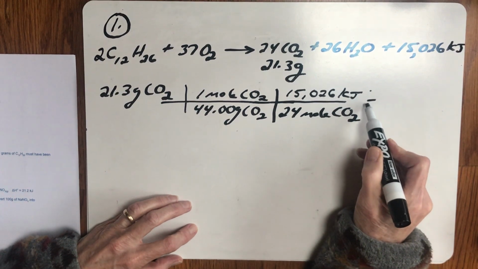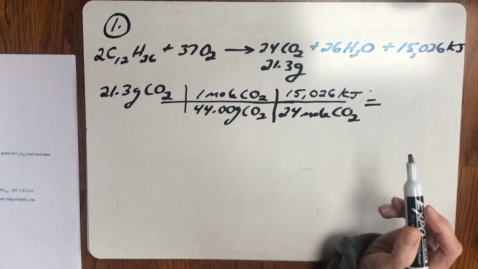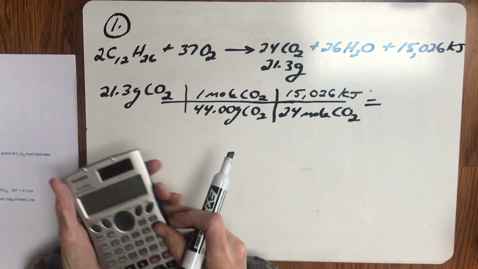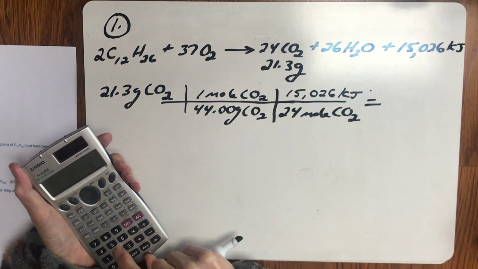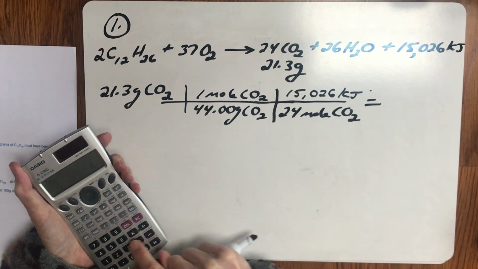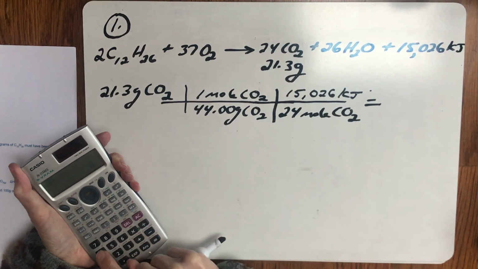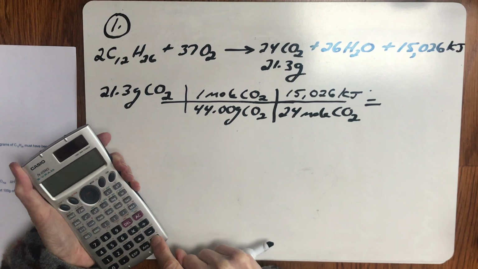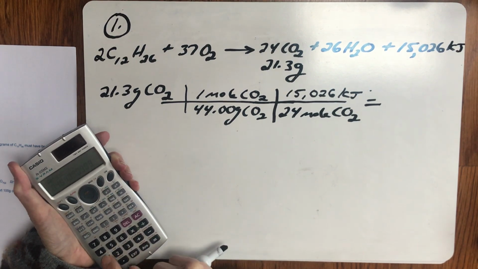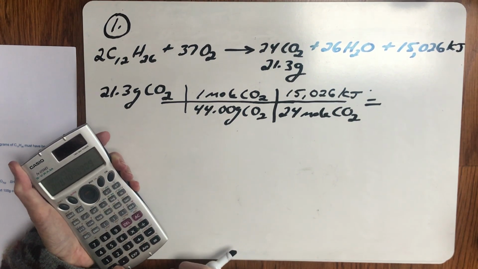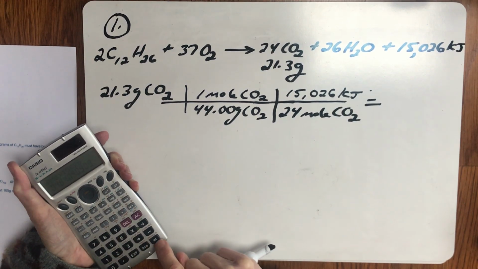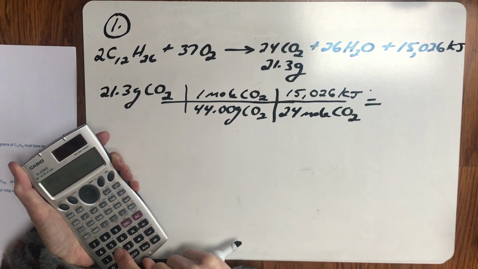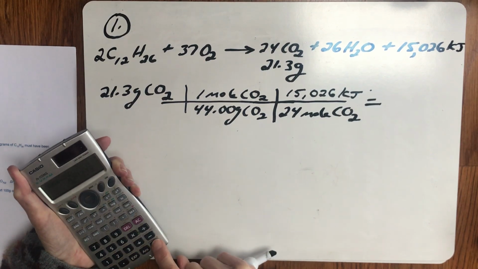Then we'll say equals, and now we'll plug the numbers into the calculator: 21.3 divided by 44 times 15,026 divided by 24.